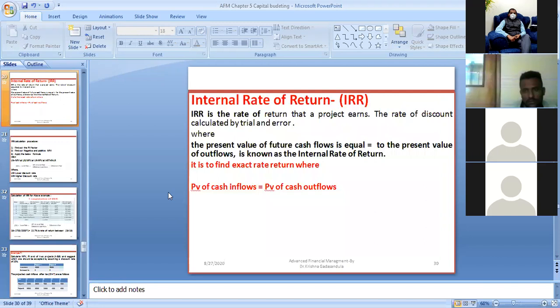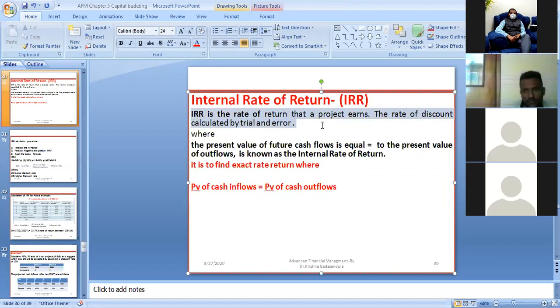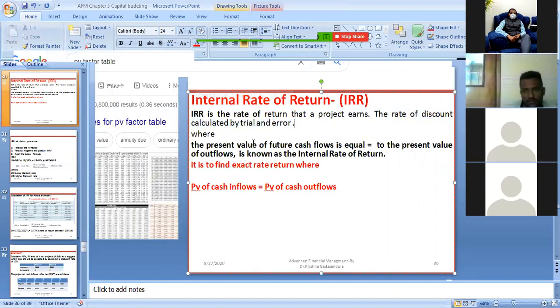Now, one more thing is internal rate of return. One more technique of capital budgeting is the internal rate of return. What is the internal rate of return? It is the rate of return that a project earns, the rate of discount calculated by trial and error, where the present value of future cash inflows is equal to the present value of cash outflows.